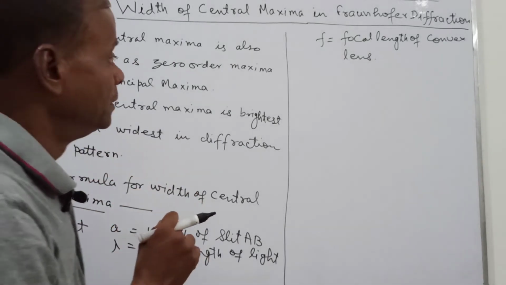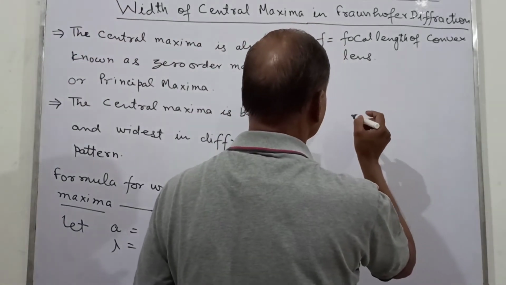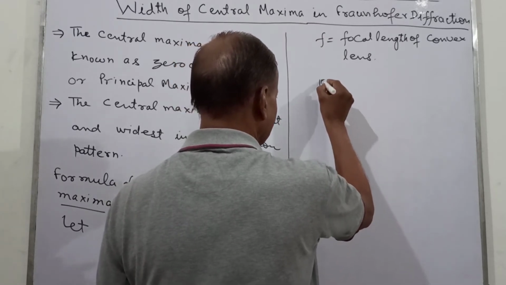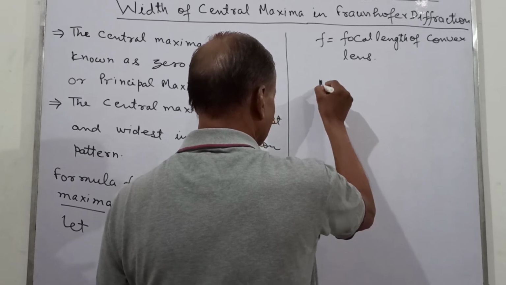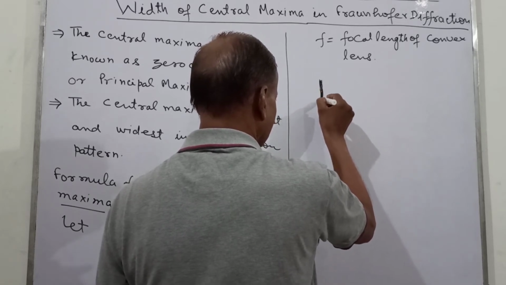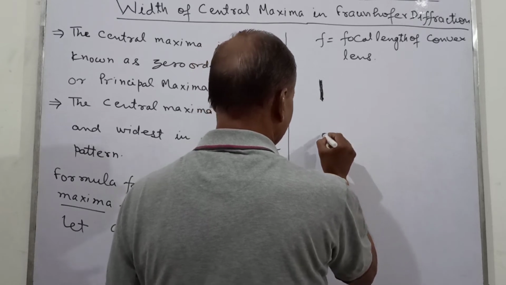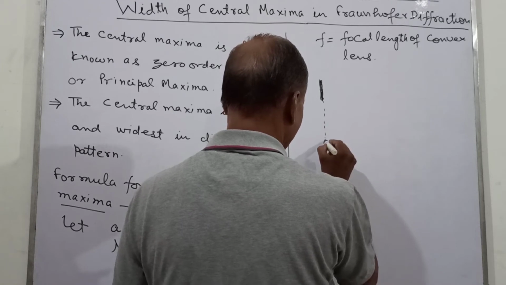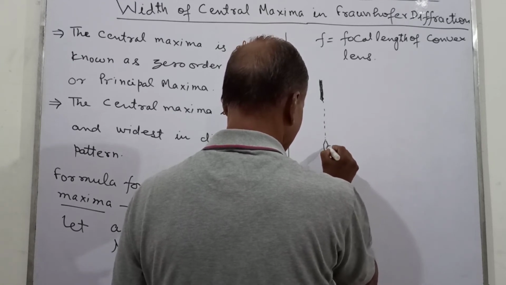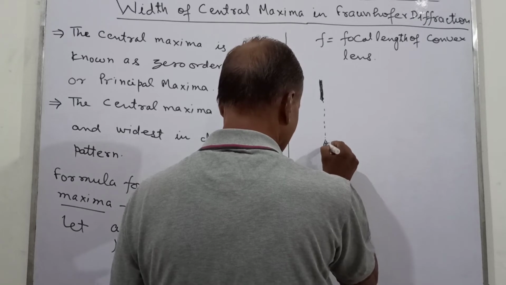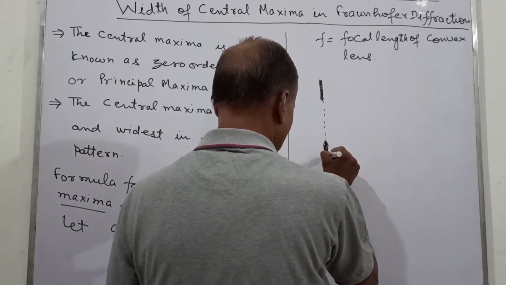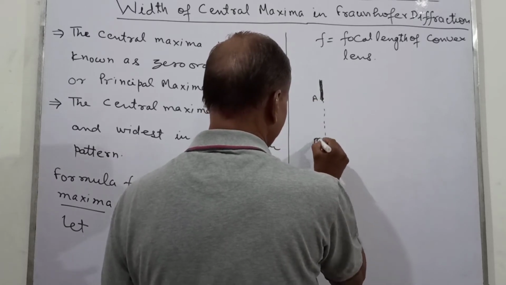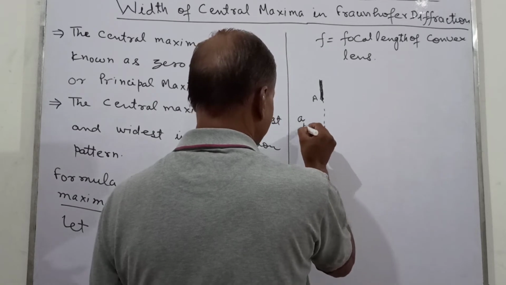So now I will show you. This is the slit. Here, this is the slit AB, its width is a.